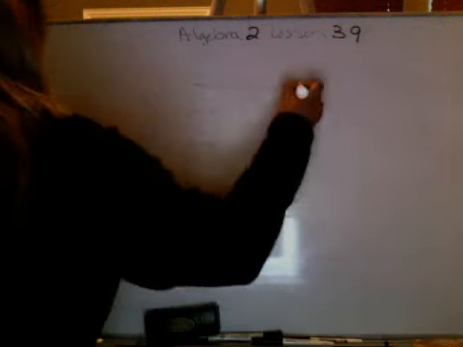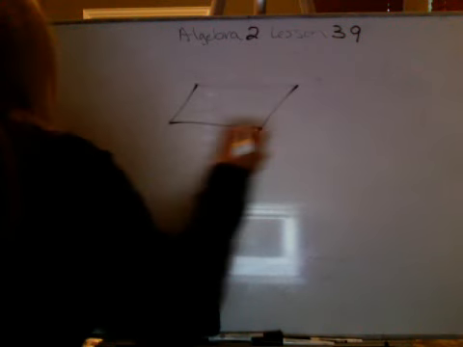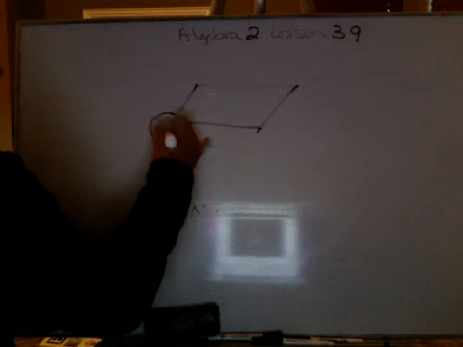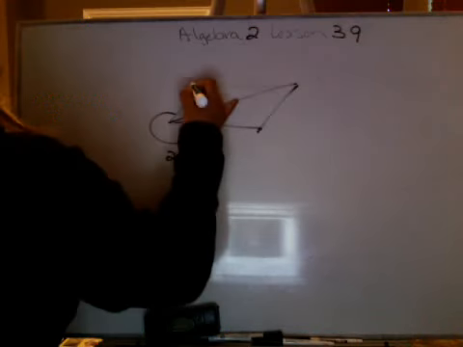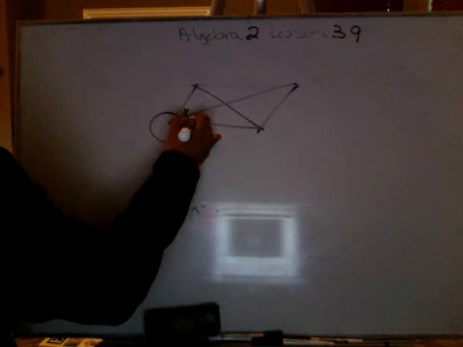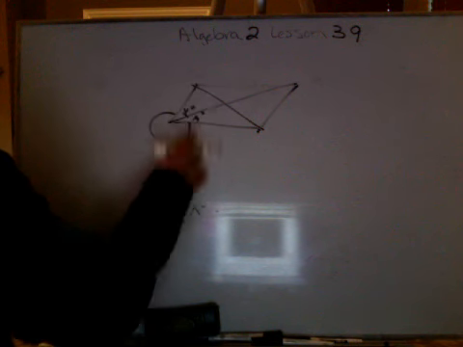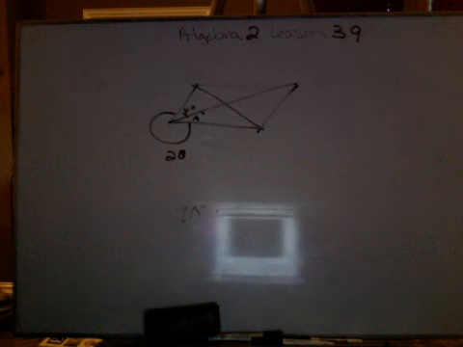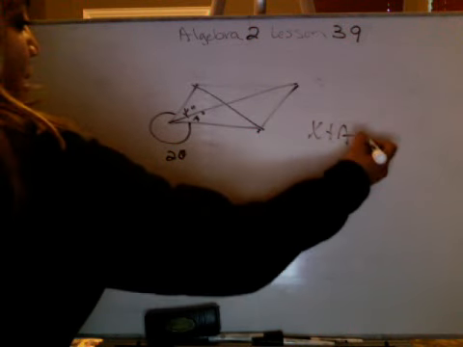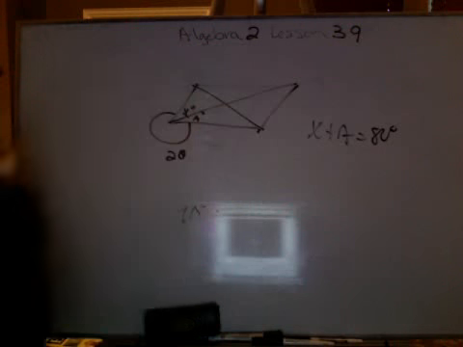I'll try and draw this. So from here to here is 280 degrees. Therefore, X plus A plus 280 has to equal 360 degrees. Thus, X plus A must equal 80 degrees.